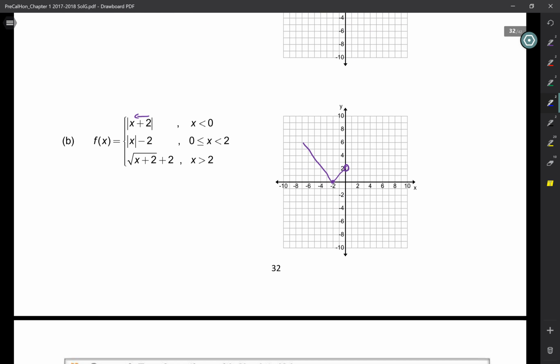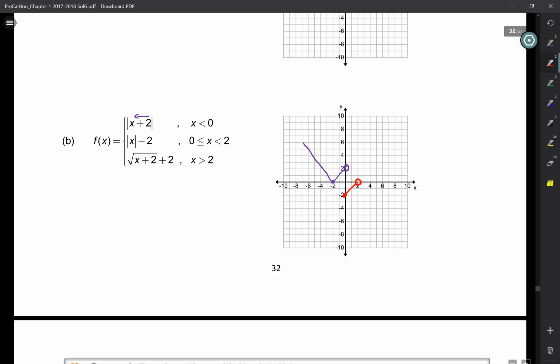Okay, so look at the next one. It's an absolute value function that has vertex at negative 2. So if I were to graph it in its glory, the whole absolute value of x minus 2, that bottom one, what would it have looked like? It would have looked like this, right? But we only have to graph it from 0 to 2. So it starts from negative 2 and it goes to 0.